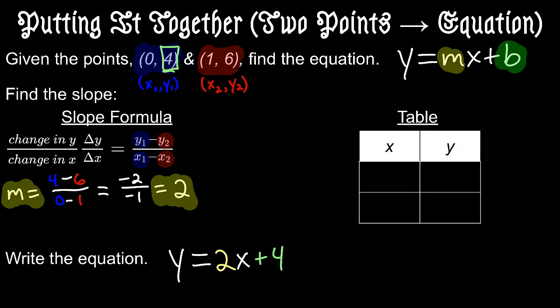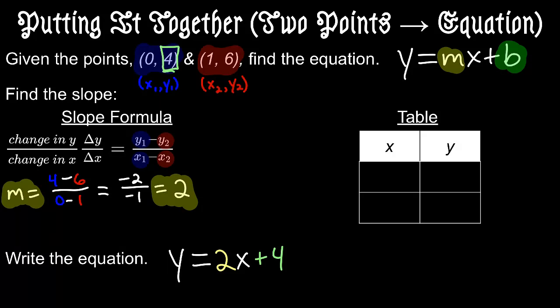Now, I know lots of people, when they see this slope formula, they don't like it. They feel anxious about it. So I'm going to give you another process to use for now. I want you to use that slope formula later for sure. But for now, I'm going to give you another process to use.